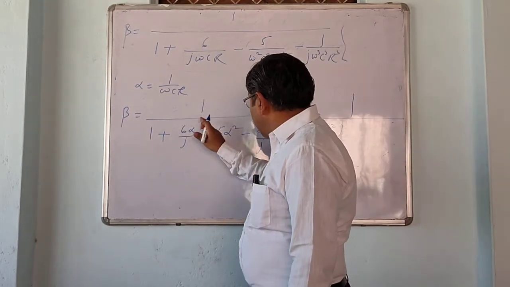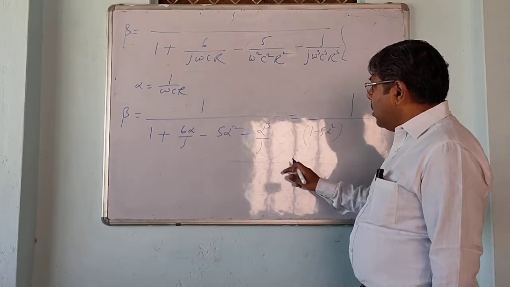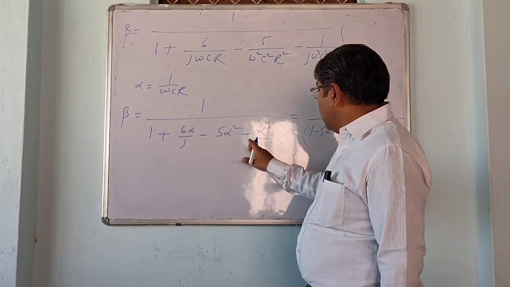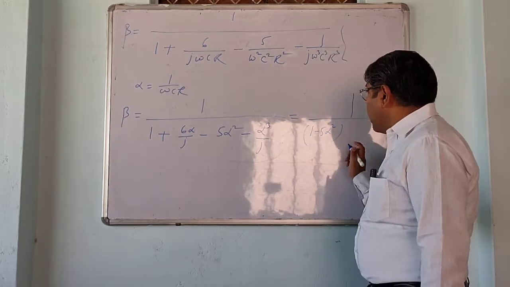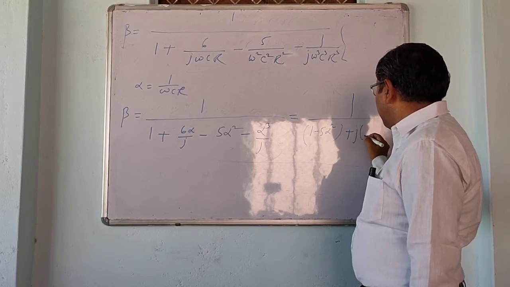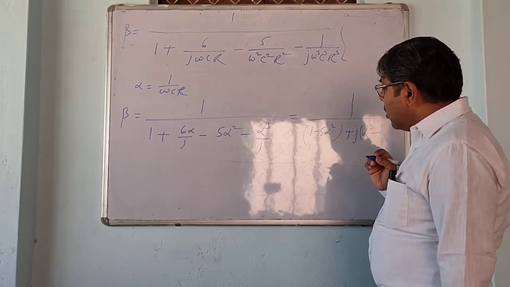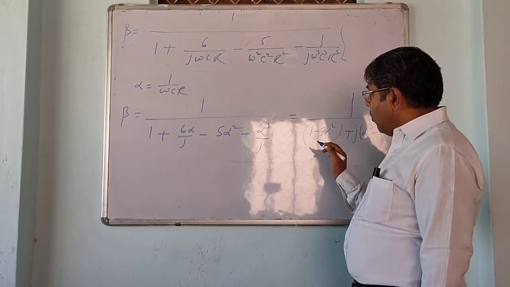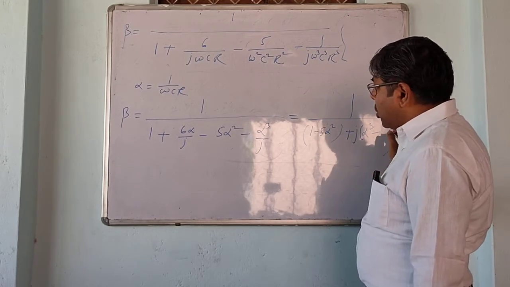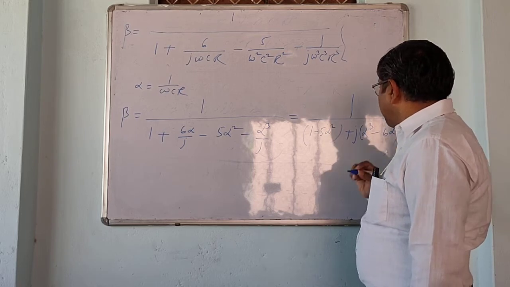You can multiply j in numerator and denominator, you will get here j upon j square, that is minus, here this is the plus, so j square, that is plus j alpha cube, minus j upon j, that is j square minus 1, so minus 6 alpha.